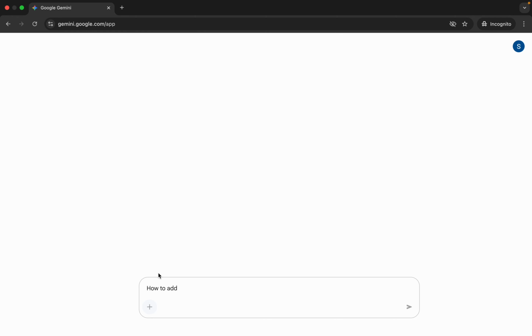So we can check on Gemini how to know the number of, or how to count the number of carbon atoms in a figure.